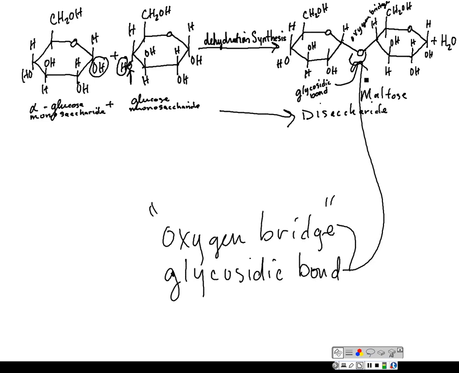All right, what if I asked you to create me a polysaccharide? What would you do? So we put 3 glucose. How many waters will we have? 2. All right, let me see you do that right quick.